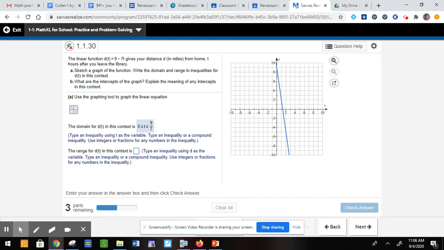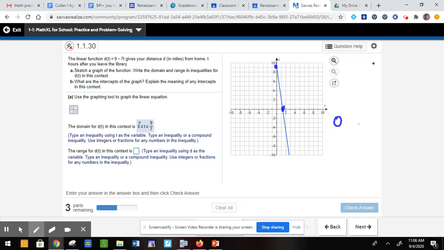Range. This part's a little easier because I don't need to figure out a fraction. Range, let's change the color. The lowest it is a y value here, or I'm sorry, a d value there. Your distance from home, the least it is 0. So the low value is 0, and then the high value is up here, and that would be 9.